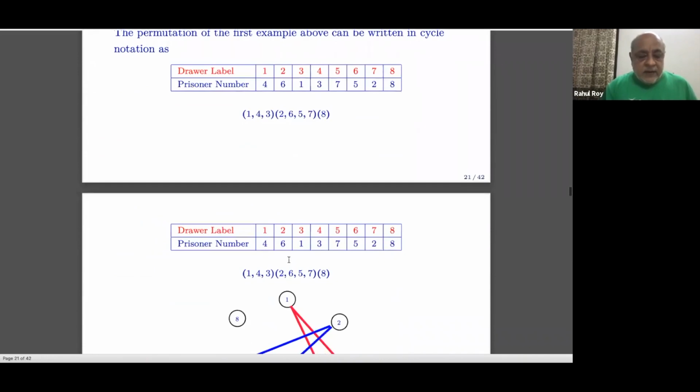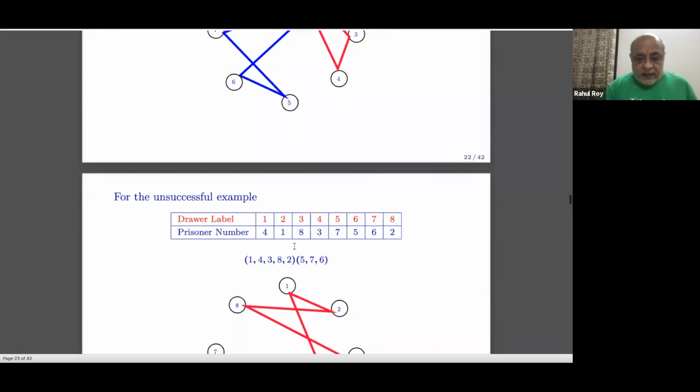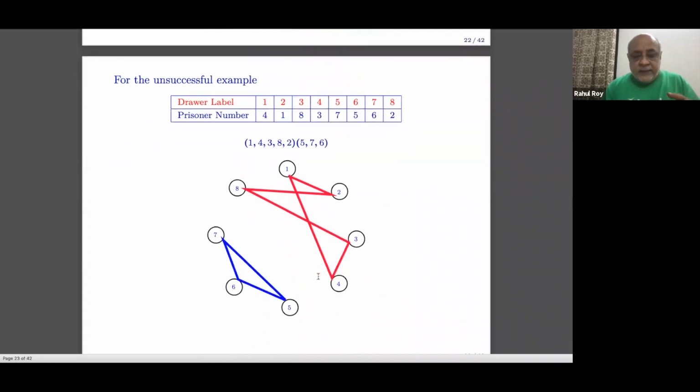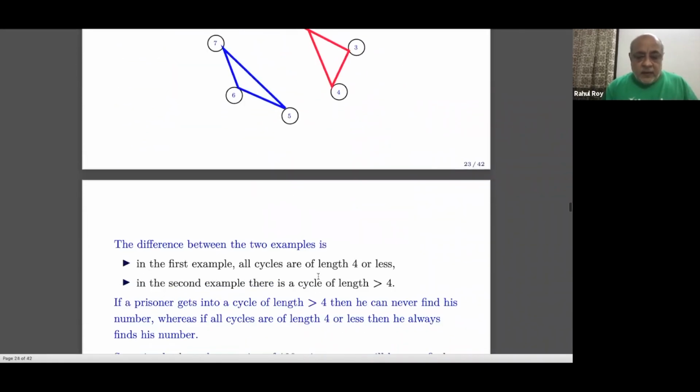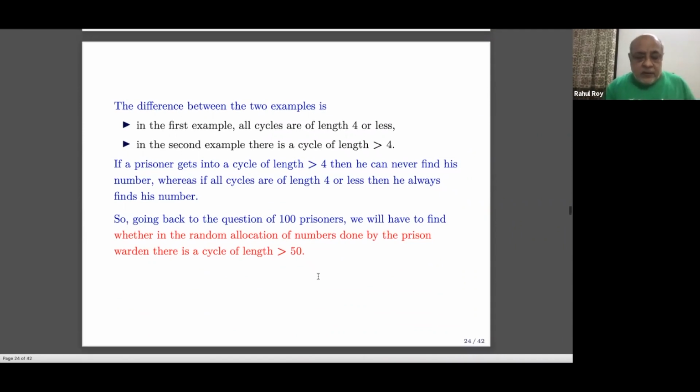And in the unsuccessful example, we had a cycle of length 5, 1, 4, 3, 8, 2, and then 5, 7, 6, a cycle of length 3. And I wanted to explain why a cycle of length bigger than 4 is the problem, and why, if all the cycles are less than or equal to 4, then we don't have any such thing. That more or less I explained through this example.